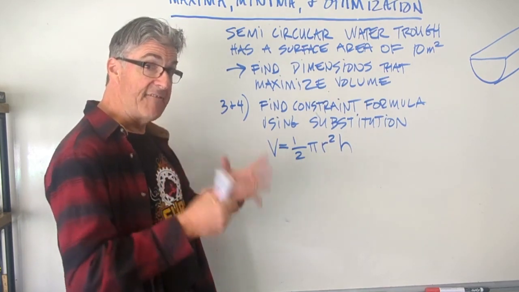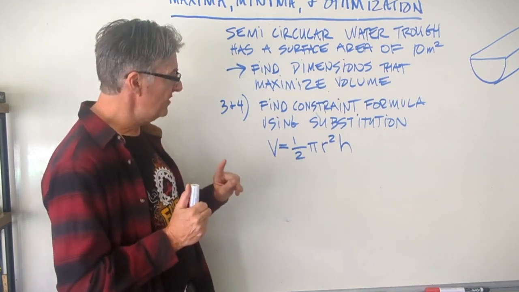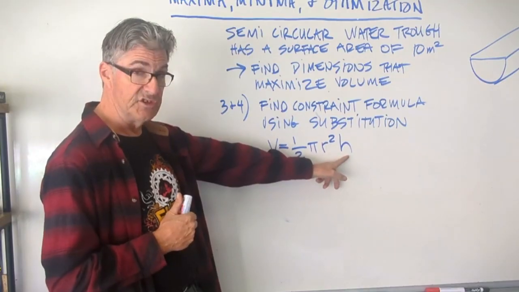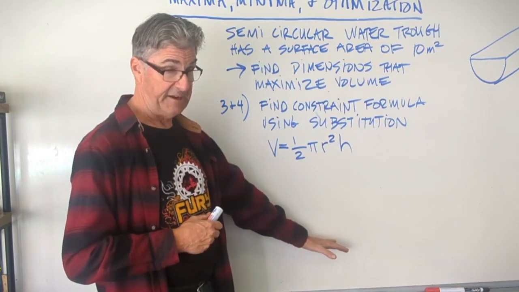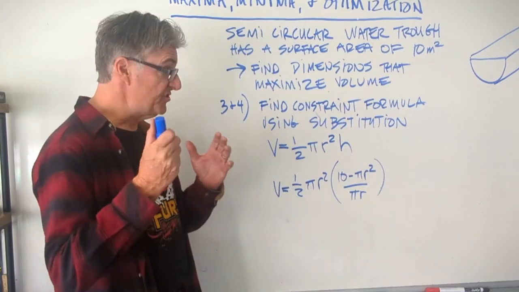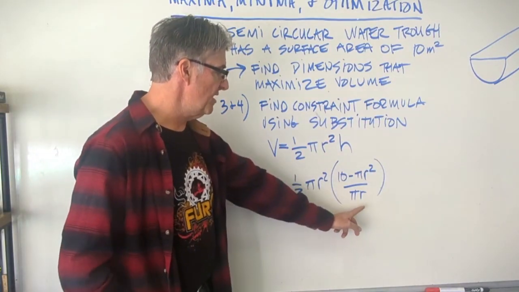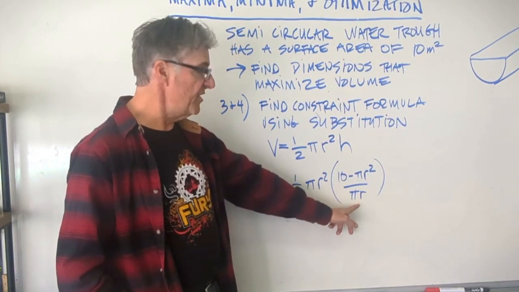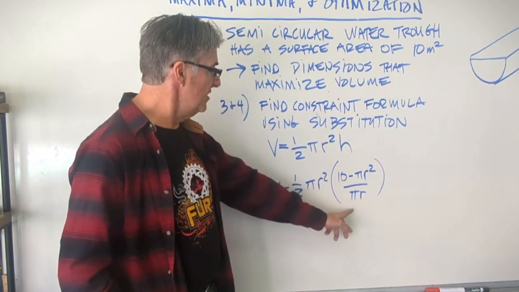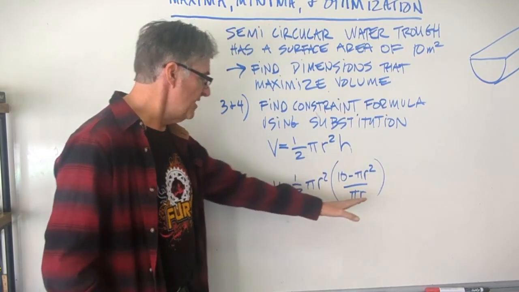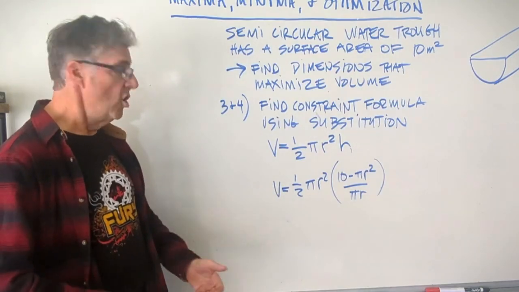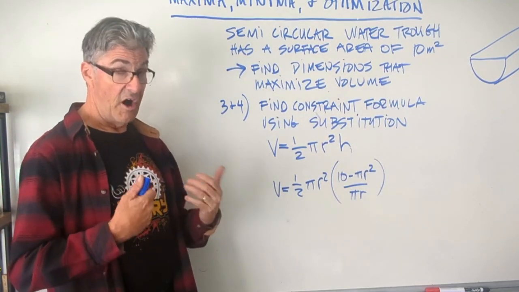Okay, so now you have everything you need. You might look up in your notes a little bit for finding the h substitution. I want you to pause the video and put the h in there and come right back. Okay, pretty much a straight up substitution. Here's what we got from the last board for the value of h in terms of r. So this is h, so we just plugged it in for h. Put it right there. Now here is my volume formula with just one variable, r.